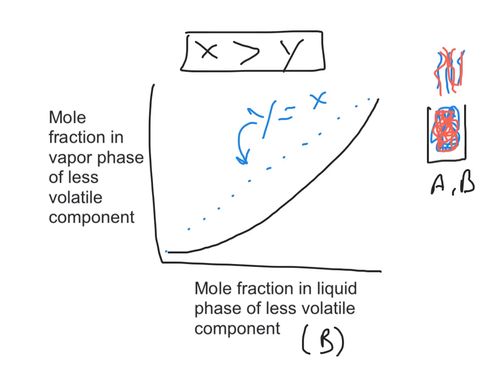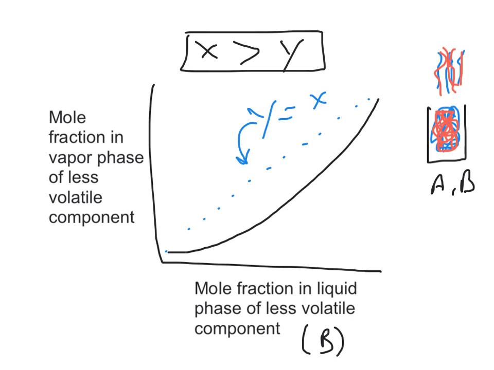Now let me just say one caveat. I've shown you here the plot for the less volatile component, where it's down here and it's below the y equals x curve. We often in reality don't deal with these type of curves that often for the less volatile component. Our more common plot that we deal with is the one I just showed you, where we have the x and the y, or the mole fractions in the liquid and the vapor for the more volatile component.